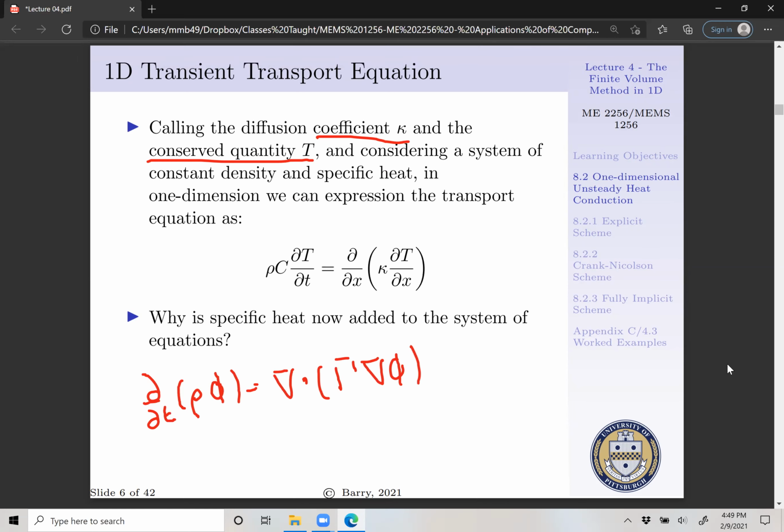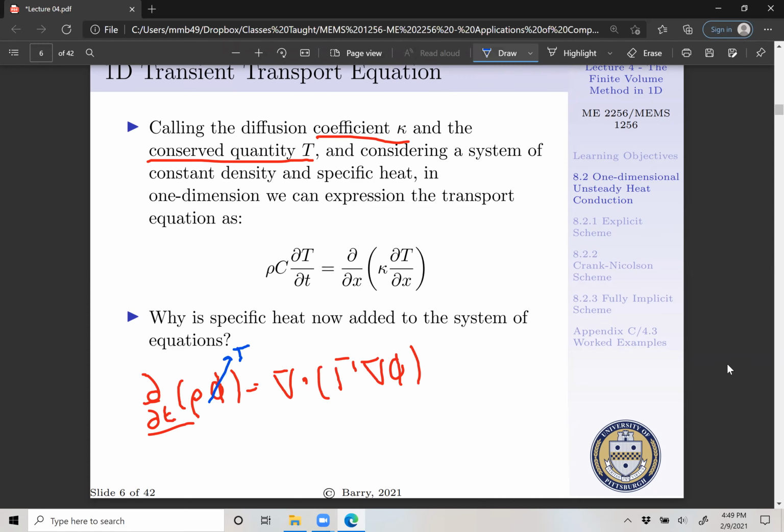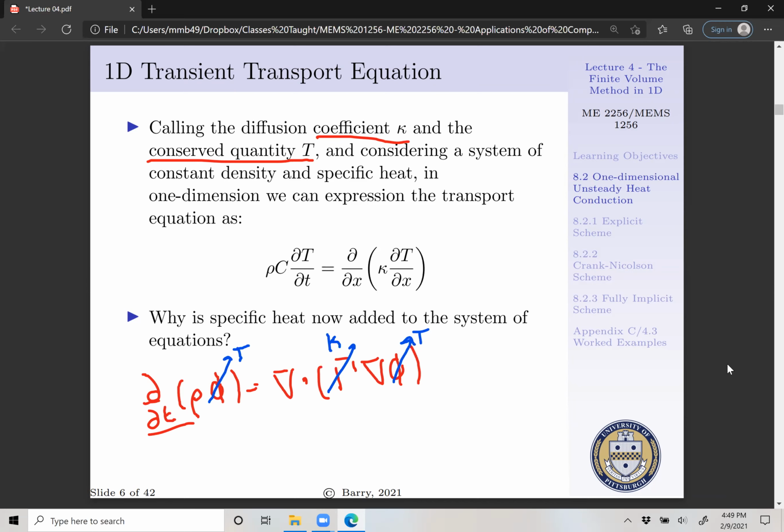Now, in one dimension, we're going to substitute in T for phi, kappa for gamma, and since we're assuming that our density is constant, we'll just pull this out, but by the product rule, it would jump out anyway, and we'd have the divergence of kappa grad T. So our right-hand side is expressed as the partial with respect to x of kappa, the partial of T with respect to x.